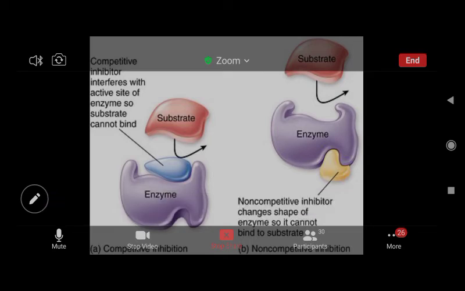Students, how do you know that the enzymes are sensitive to the substrate, or we can say here the chemical also? How do you know that the enzymes are sensitive to the substrate? Through which mechanism? Can you recall?